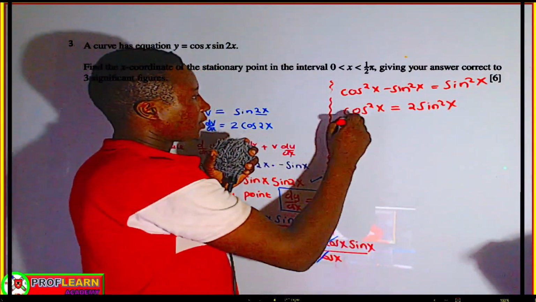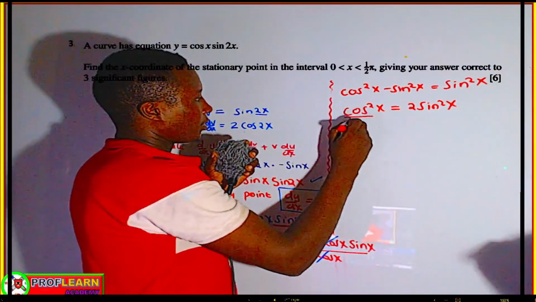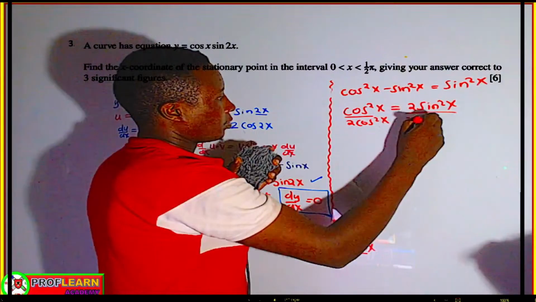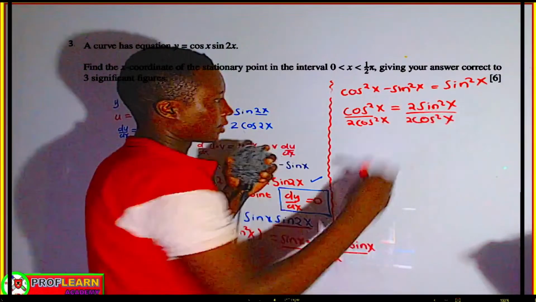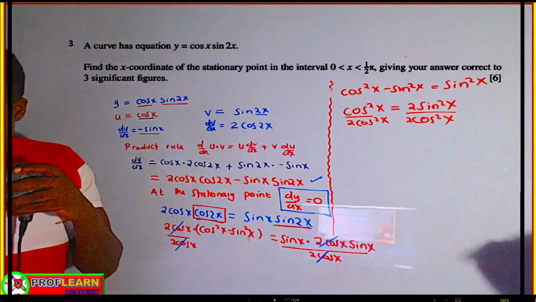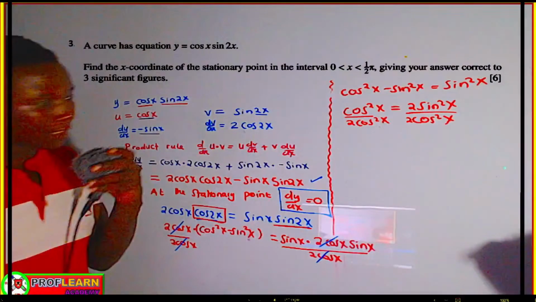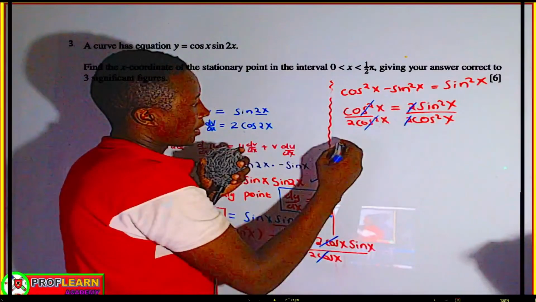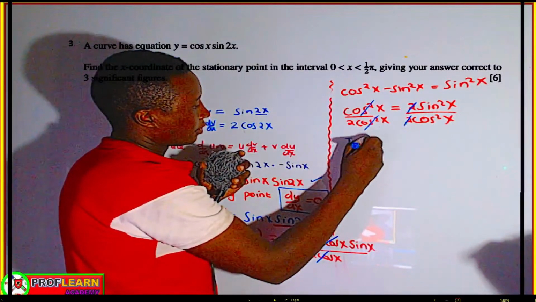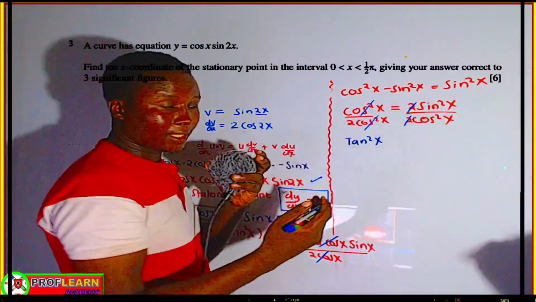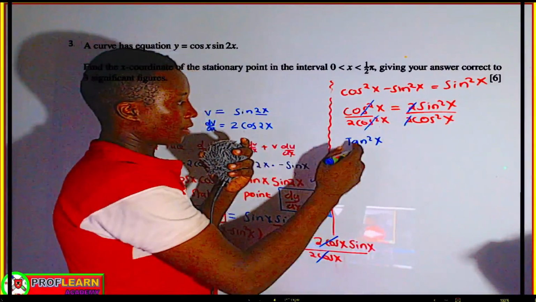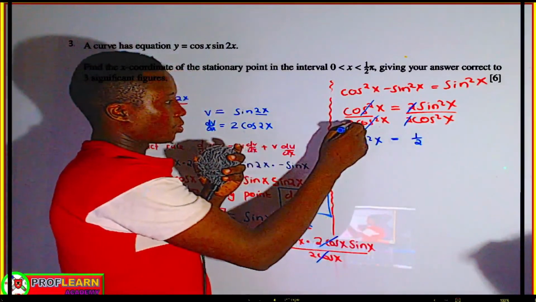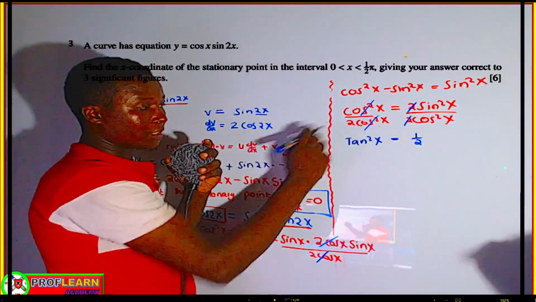So at this given point I can decide to divide by 2 cos squared x. The reason I've done that is to ensure that I can cancel cos squared x and cos squared x, and 2 and 2, and I remain with tan squared x, because sine squared x over cos squared x is tan squared x, which is going to be 1 over 2, and that 2 comes from this given point.